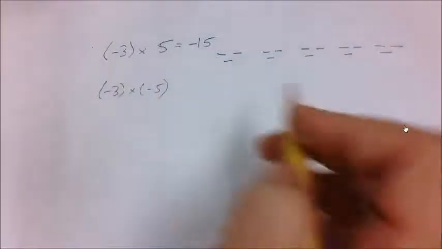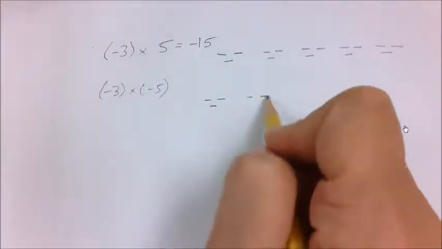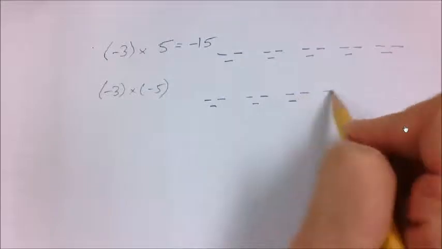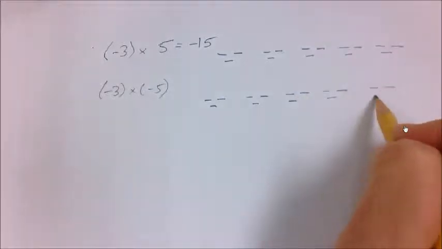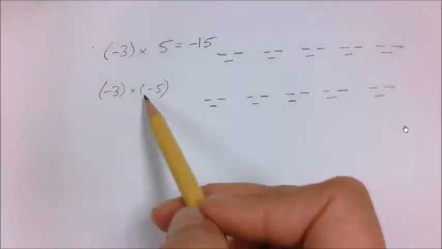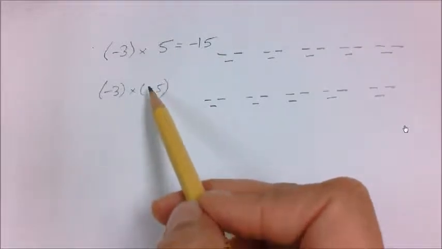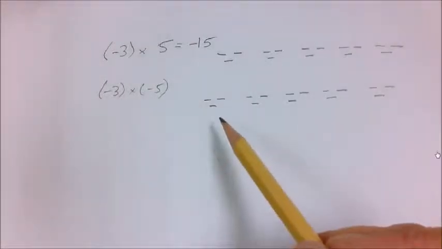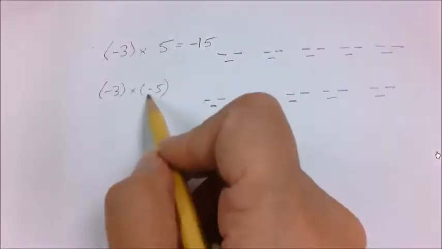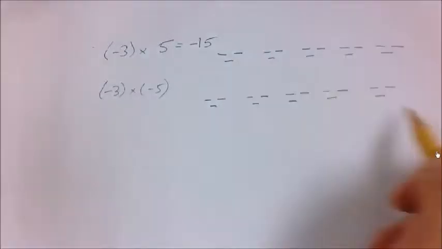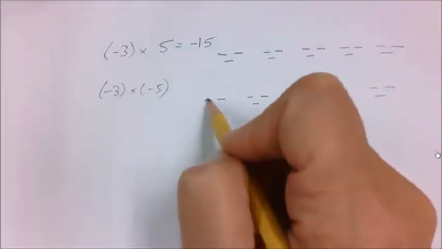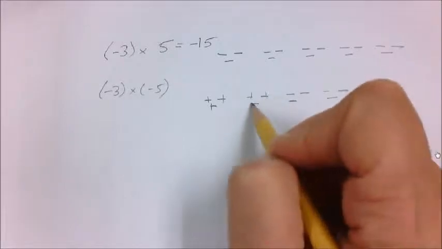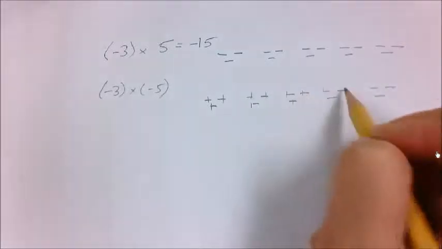What if I multiplied -3 times -5? What do I get? I'm still going to have my groups of -3, and I'm still going to have 5 of those groups. But the fact that it's multiplied by -5 means they're all going to be the opposite of whatever they are. So if they're currently negatives, then this -5 means I'm going to have 5 groups of the opposite thing. Each one of them will turn into a positive.